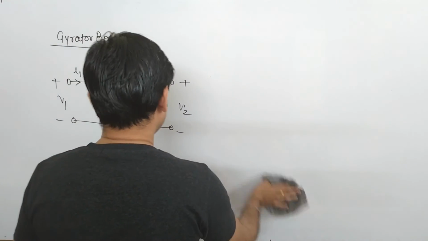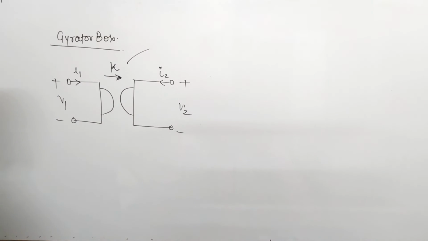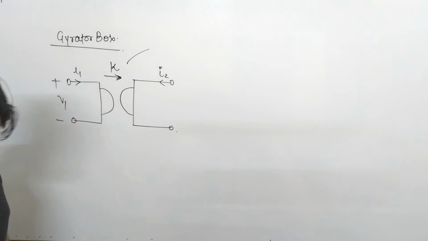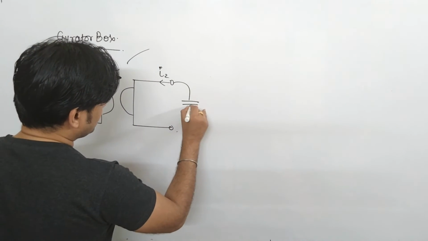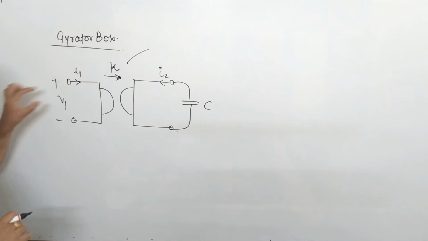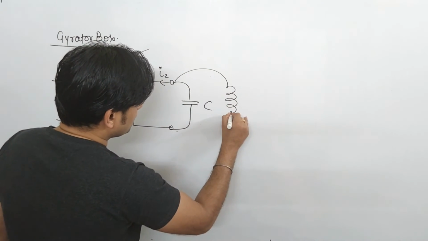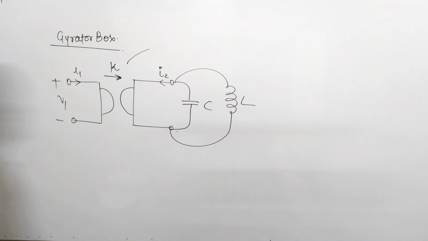Now another important thing in the case of the gyrator box is, if this output is replaced by a capacitor C, then its input voltage behaves like an inductive, and if it is replaced by an inductor, then its input current behaves like a capacitive.